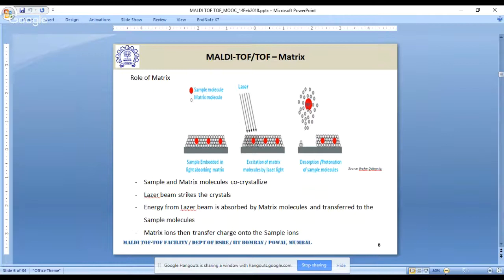So it is imperative that the matrix and the sample molecules are able to interact and this energy transfer takes place in a proper way.